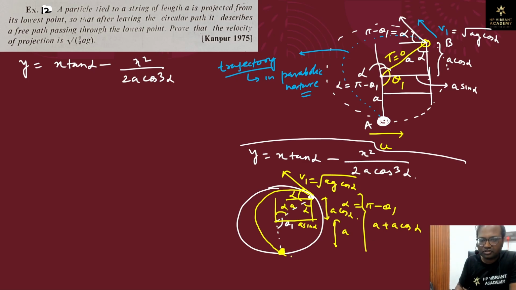So the coordinate of the bottommost point will be a sin alpha, or minus a plus, because point A is below point B. So we are taking this as positive in the x direction, and in the y direction upward is positive and downward is negative. So point A is below the point B, so this will be negative, minus of a into 1 plus cos alpha.